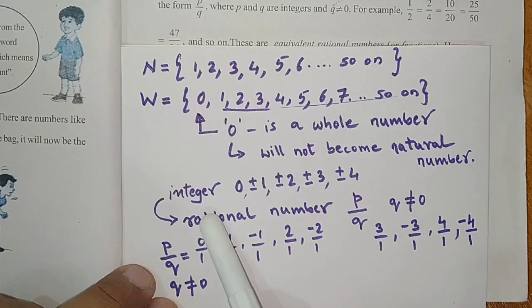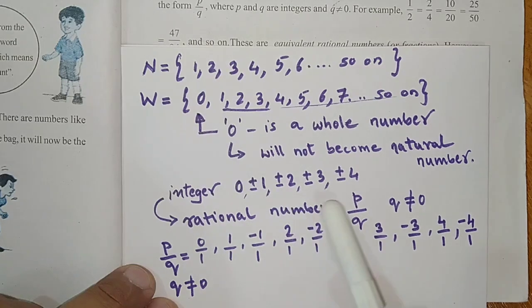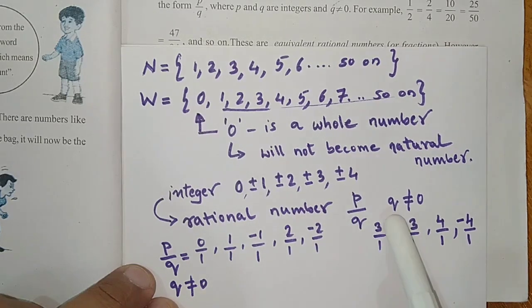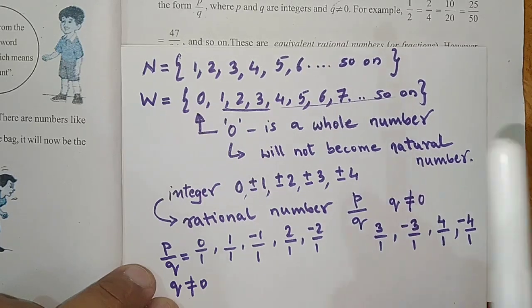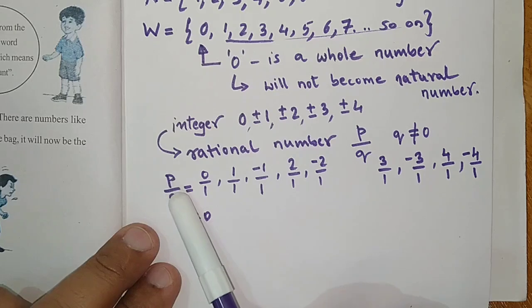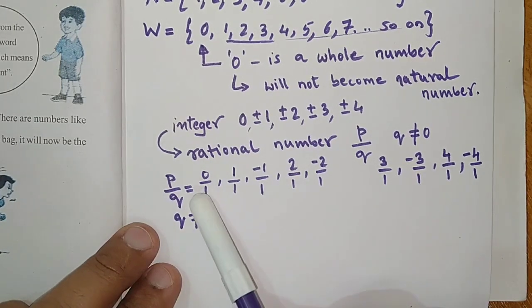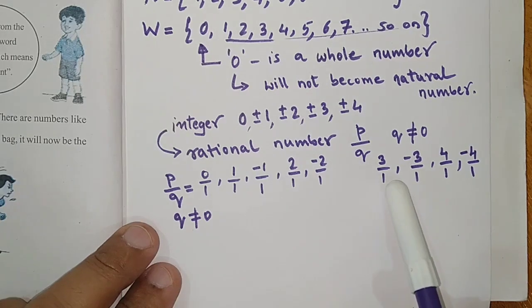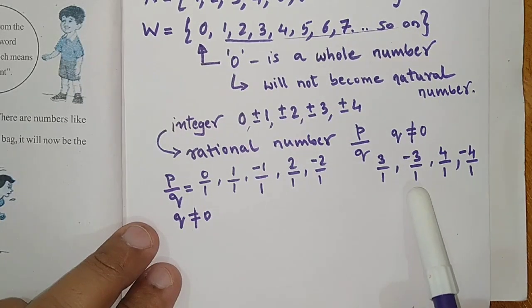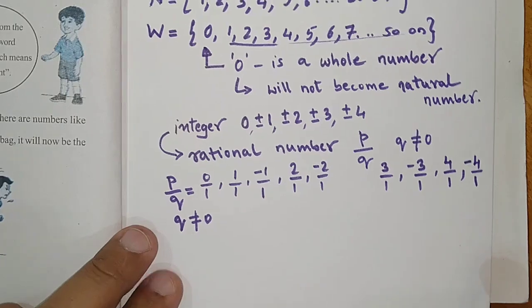You can take an integer in a rational form, that is p by q, where q is not equal to 0. You can write integers in this form.